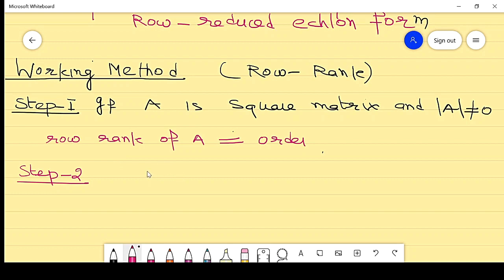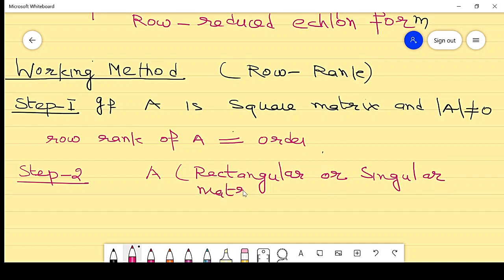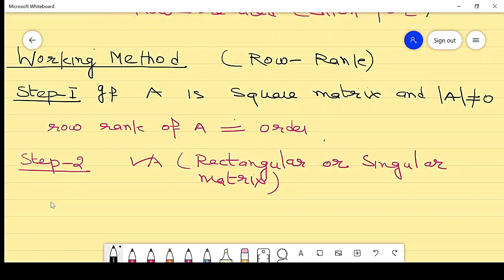If A is rectangular or singular matrix, we will reduce this matrix into row reduced echelon form. The number of non-zero rows is equal to the row rank.